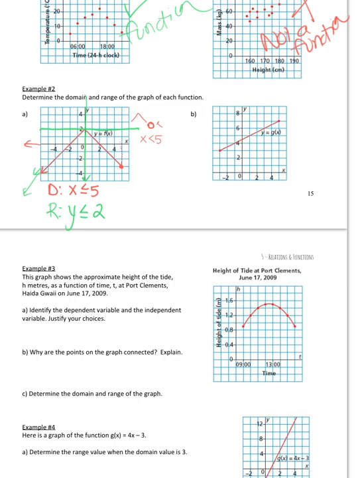In our second graph here, we are constrained between 2 points. Okay, so our x values must be between negative 3 and positive 5. So I can say that x is greater than or equal to negative 3, and I can say that x is less than or equal to positive 5. I want to put these two together in a domain statement.